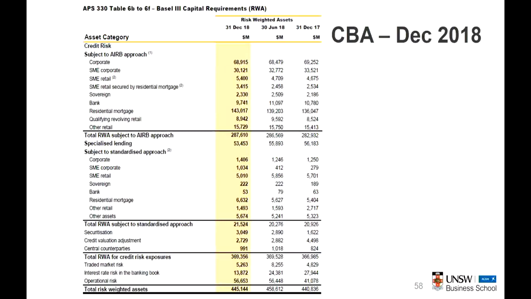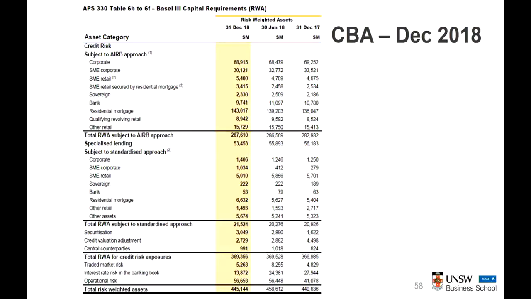Now, to give you an idea, I looked at CBA, and this is using the December 2018. And as I said, I think I'm the key user of Pillar 3 disclosure. So this table comes from CBA's APS 330 document. That's the Pillar 3 disclosure document. So let's look at their total risk-weighted assets.